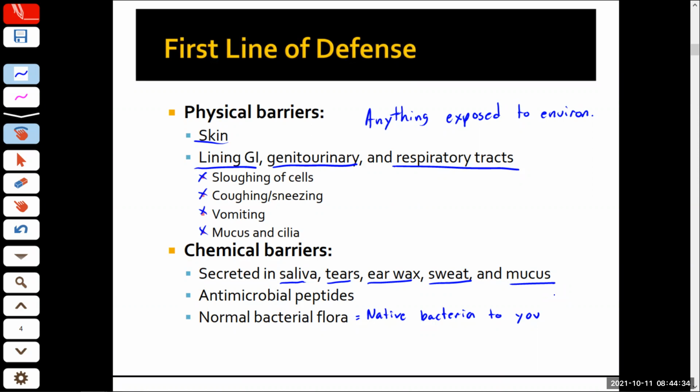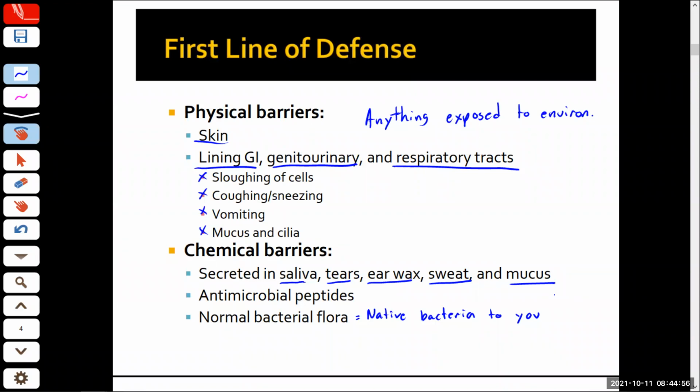Anybody been to the hospital recently? It is everywhere. Chances are you have MRSA on your skin right now. You as nurses are going to have MRSA on your skin too. Now, why don't you have flesh-eating bacteria ripping holes in your skin right now?